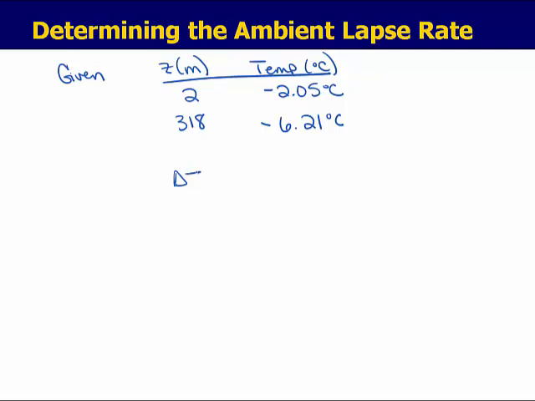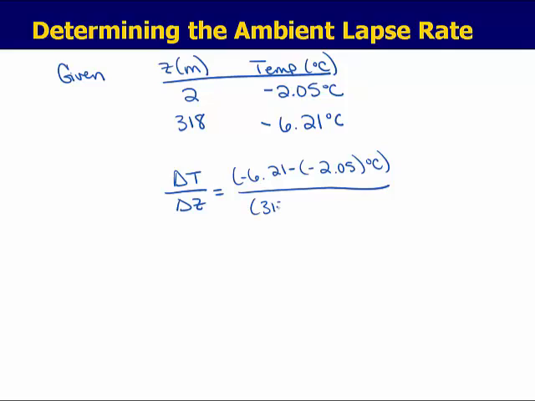We'll simply take the delta T divided by the delta Z, and we'll get negative 6.21 minus negative 2.05 degrees Celsius divided by 318 minus 2 meters.